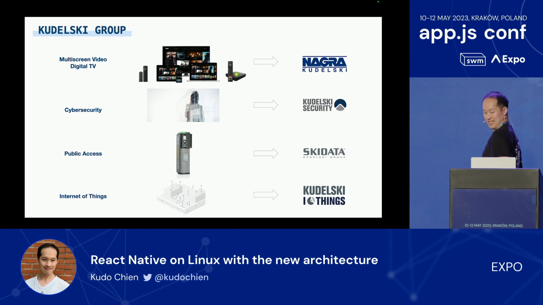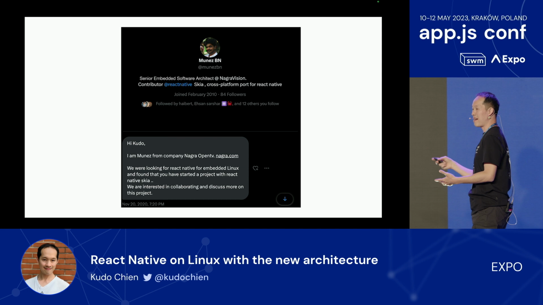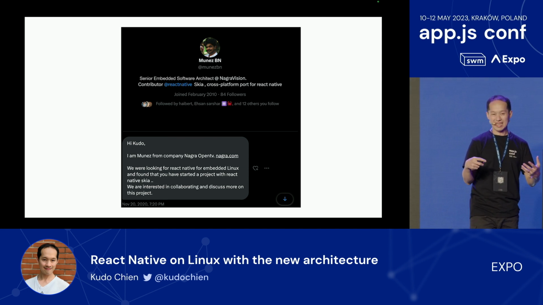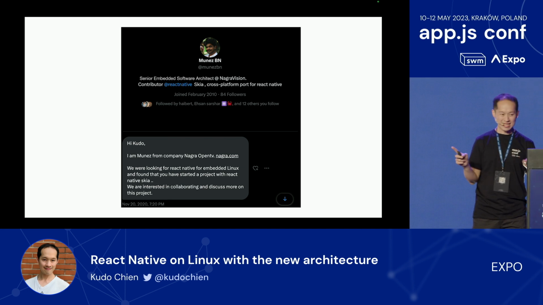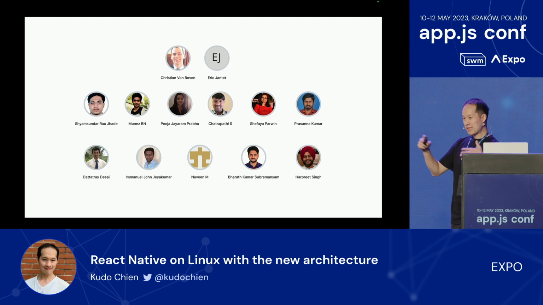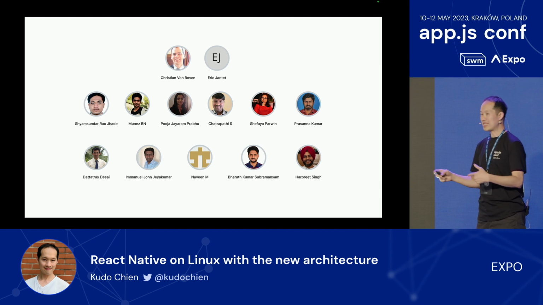Okay, and that's the guy who reached out 3 years ago. He mentioned they wanted to port the Skia project to their embedded Linux set-top box product. So that was the beginning. And during these 3 years, more than 10 people have been involved in this project.